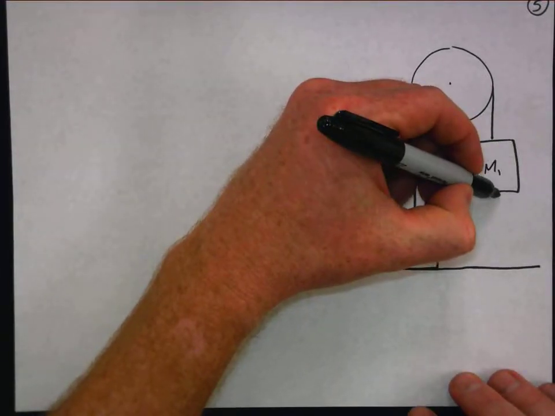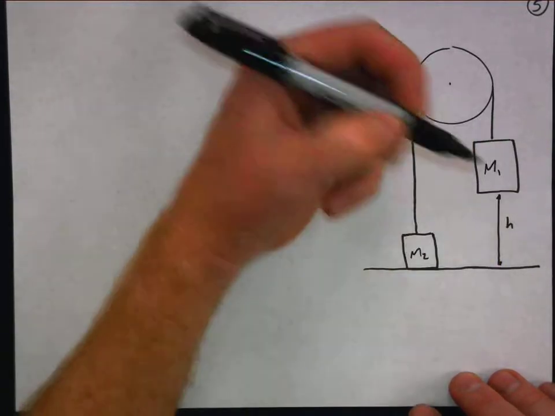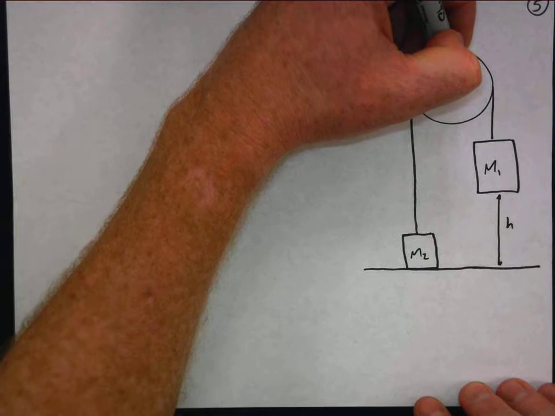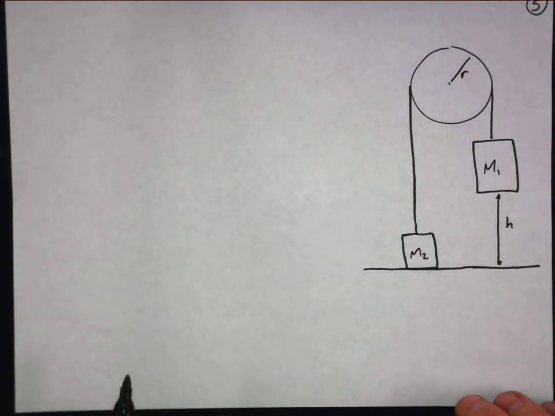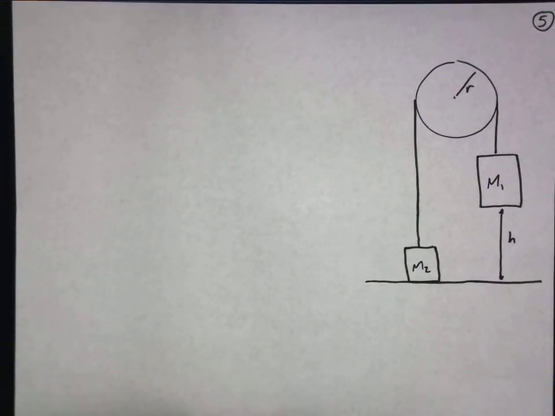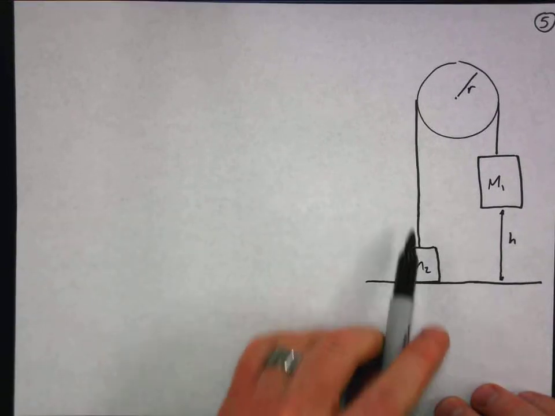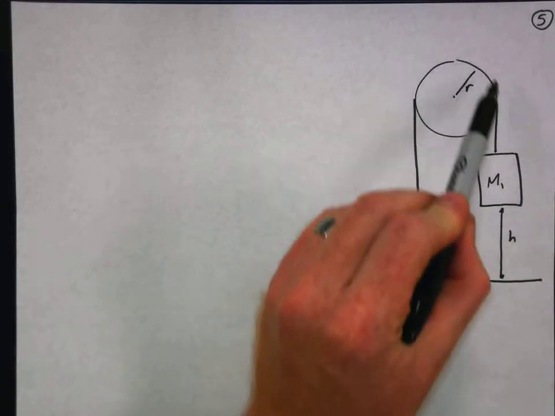M1 is starting out a certain vertical distance above that surface. Okay, this pulley also has a radius R, right? And the way I've drawn it, you can already see that M1 is larger than M2. So when released, you know that M2 is going to move up, M1 is going to move down, and the pulley will end up rotating.